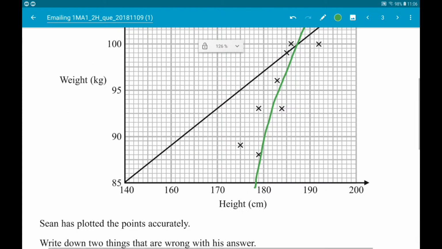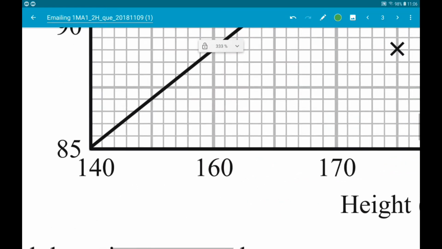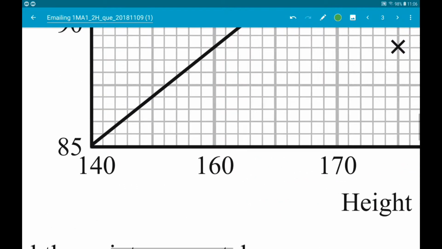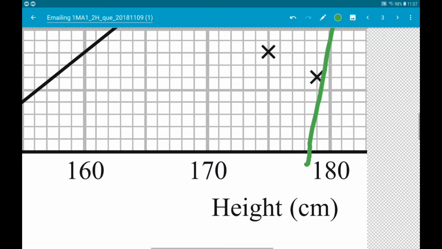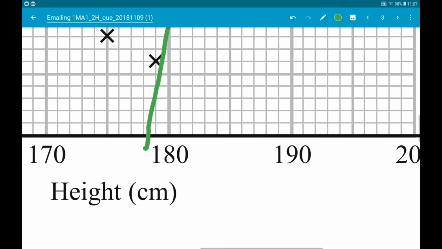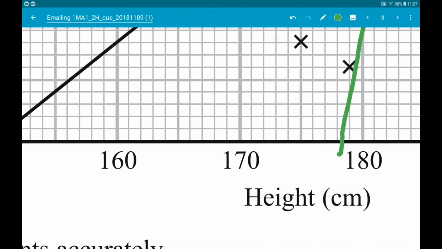It's down here on the scale of the height. So we go from 140 to 160 in one big square, but then the others go up in tens. So the scale is not consistent. So those are the 2 things wrong.